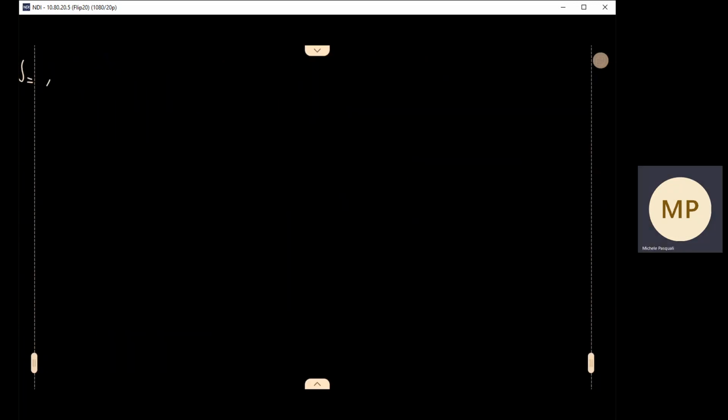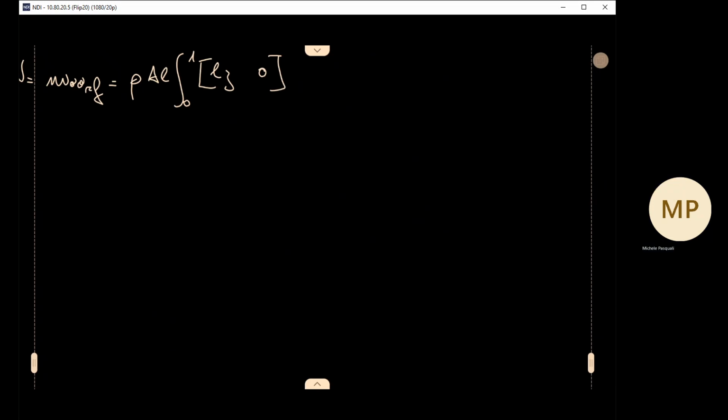The second is M theta theta RF, which is rho A L, the integral from 0 to 1 of L zeta times 0. What is this? This is basically our coordinate R0. This is R0, right?